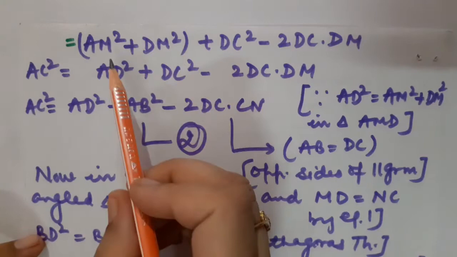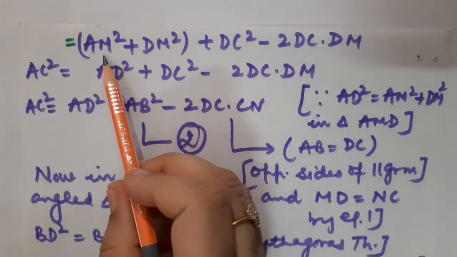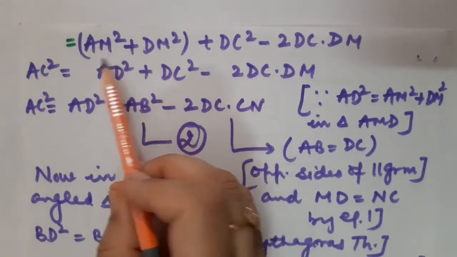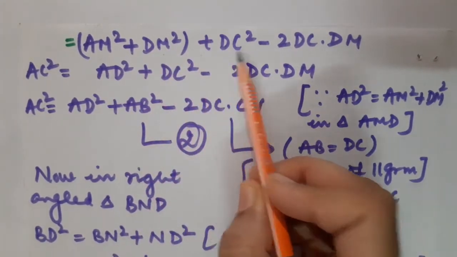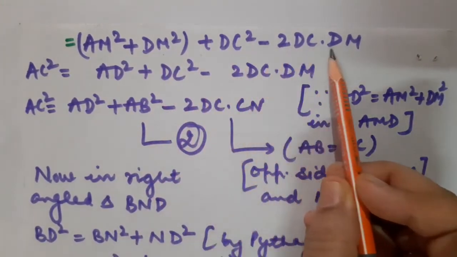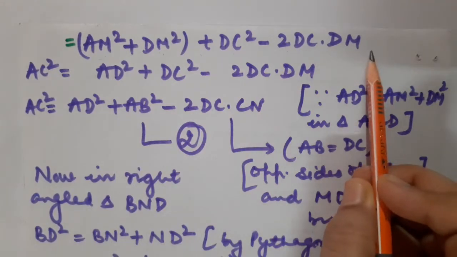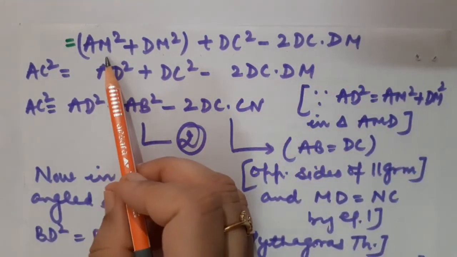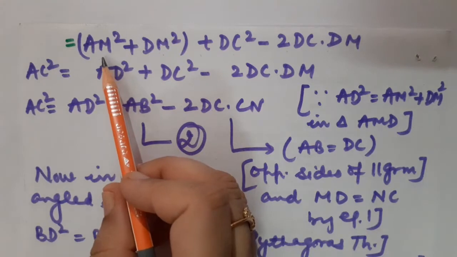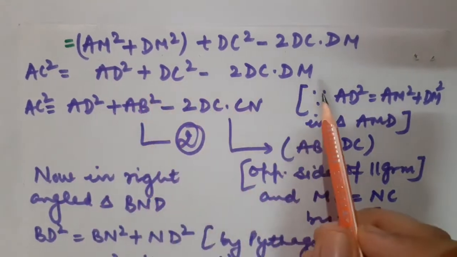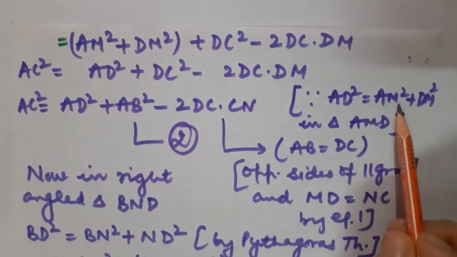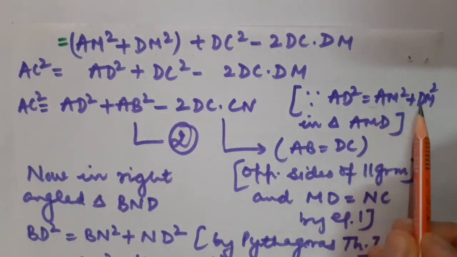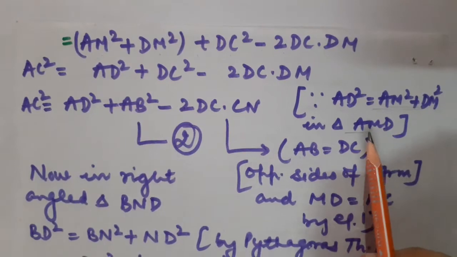Now here you can see that I have made the pairing of AM square and DM square. They are written in one bracket, plus what is left, that is DC square minus 2 times DC into DM. Now children, you know that triangle AMD is a right angle triangle. So I can write that AD square is equal to AM square plus DM square, while applying the Pythagoras theorem in triangle AMD.